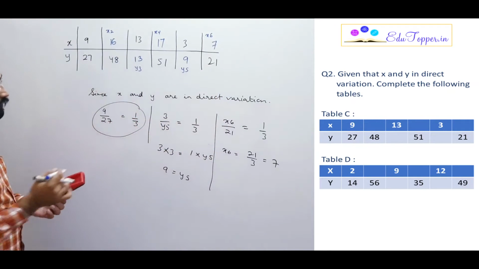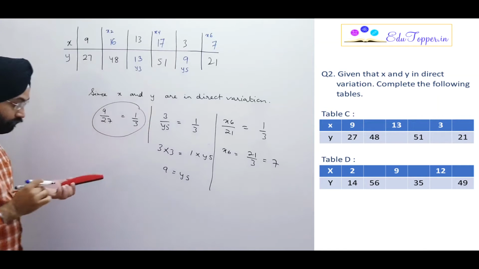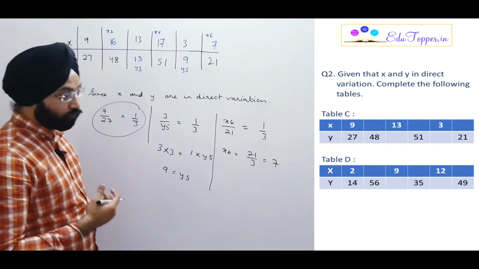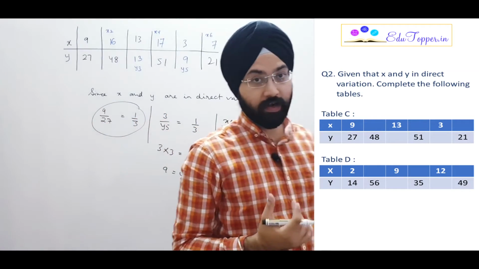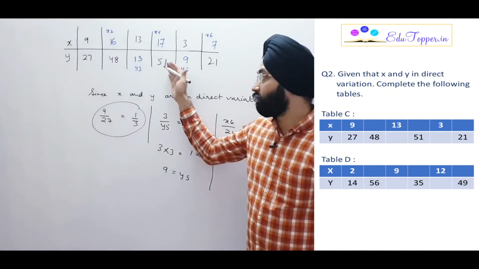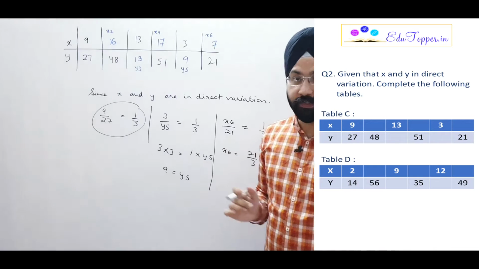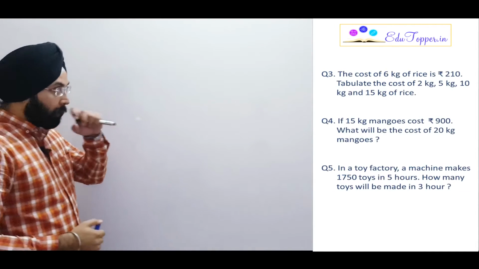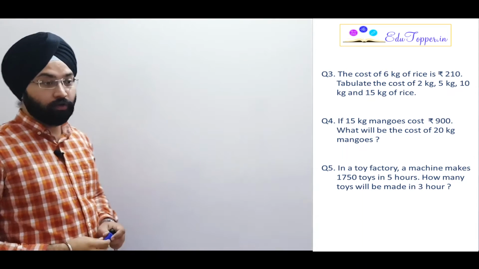Alright. So you can see, this is how we can find the missing values when the quantities are in direct variation and some of the values are missing. Alright.